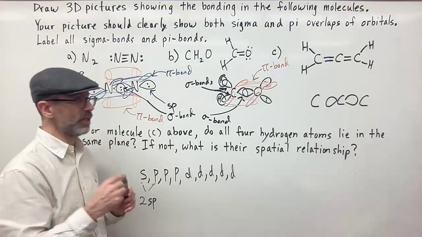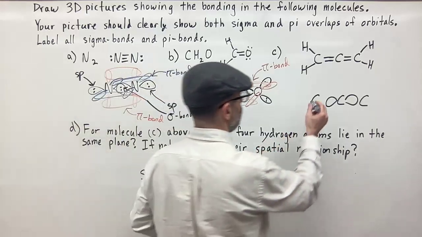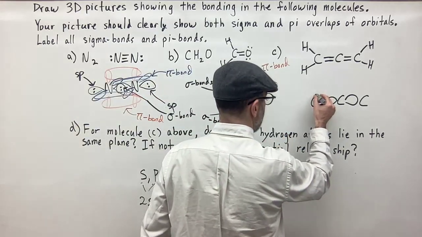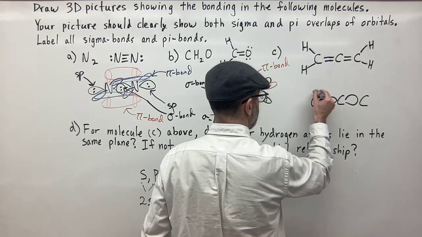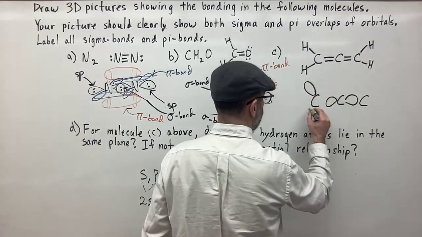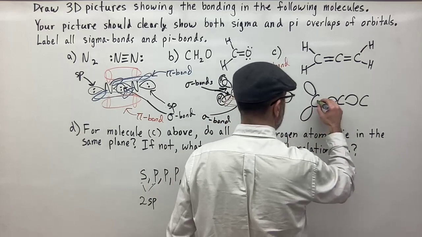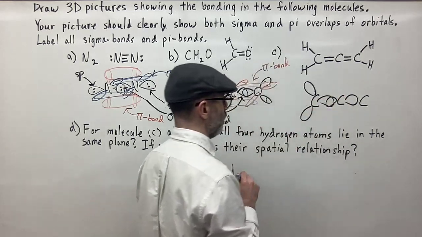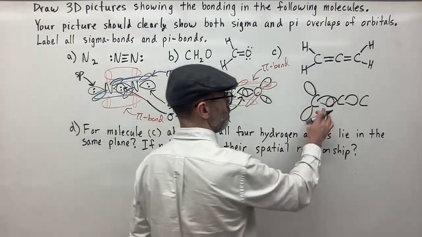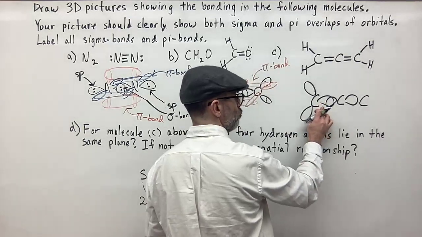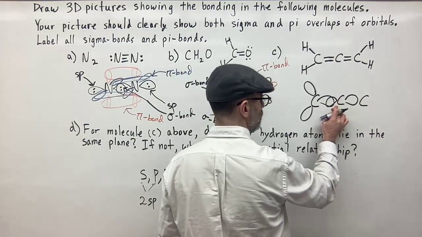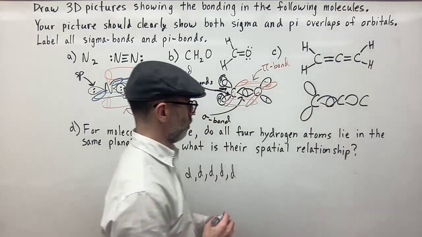And we're going to have 3 of them. So then that means I'm going to have hybridized orbitals coming out here and then overlapping there. So here's going to be an overlap of an sp2 hybridized orbital with an sp hybridized orbital.